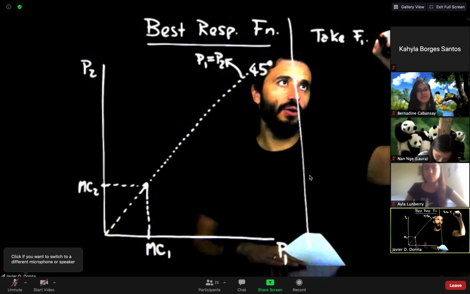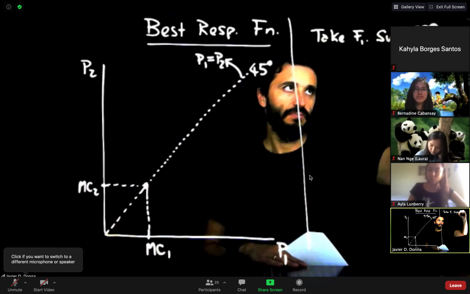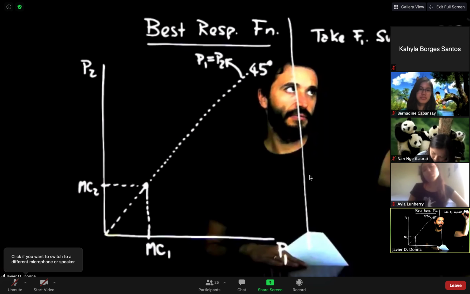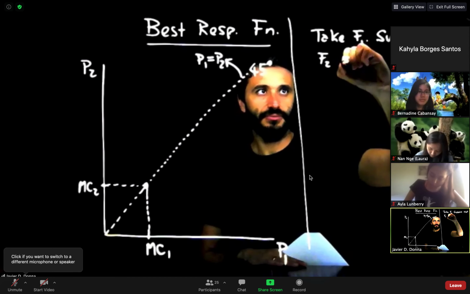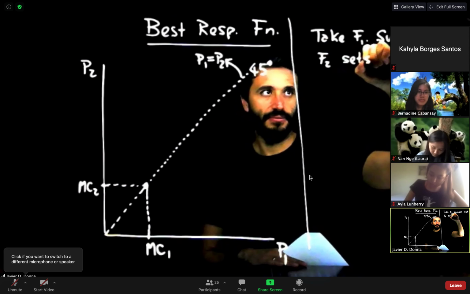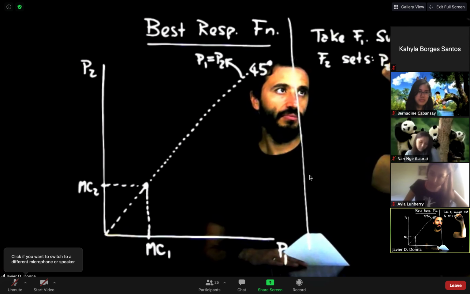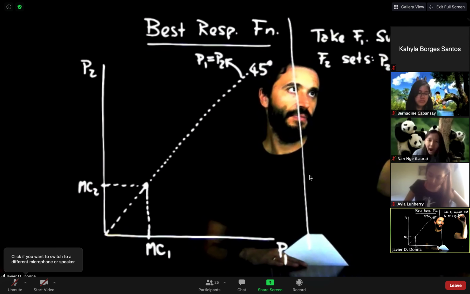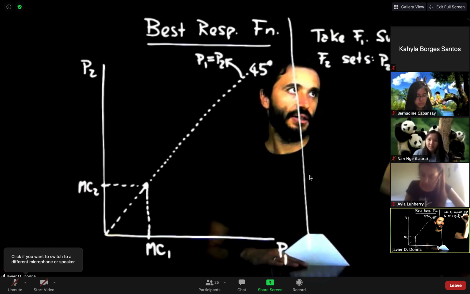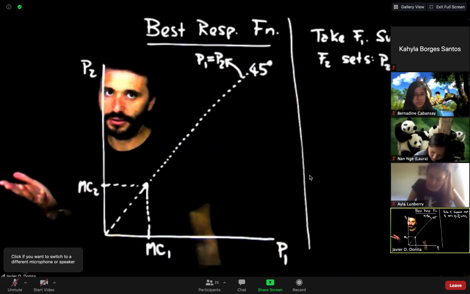So suppose that firm 2 sets P2 equal to P2 copied right there. So choose one price, any price.